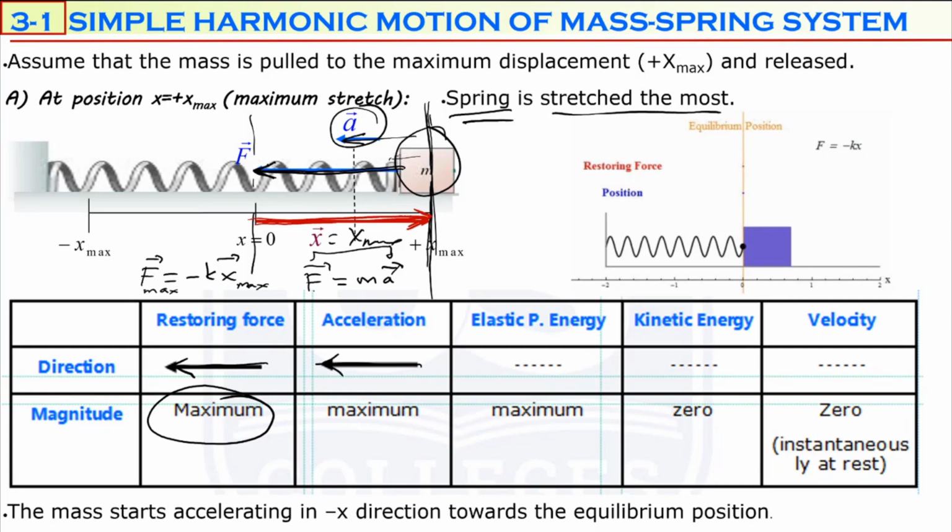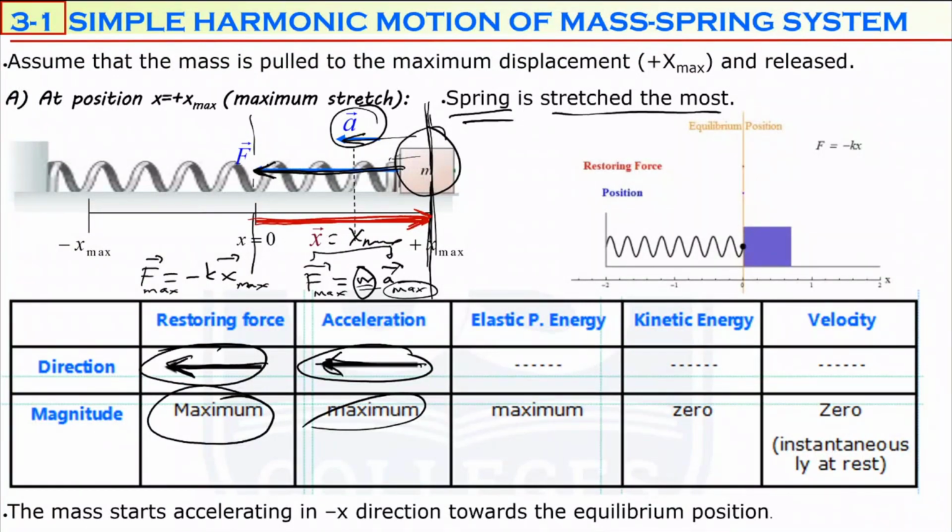Because the restoring force is maximum and mass is a scalar quantity, the acceleration of the object also must be maximum. So at the maximum stretch point, acceleration is maximum, restoring force is maximum, both are in the same direction, in the opposite direction of the displacement, or in the opposite direction of x.